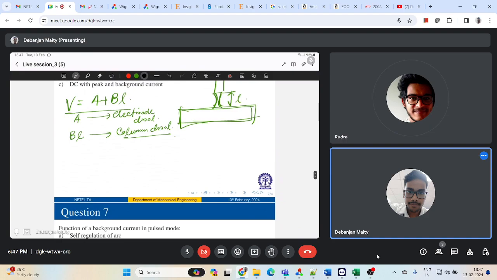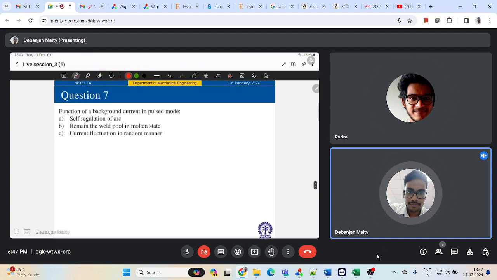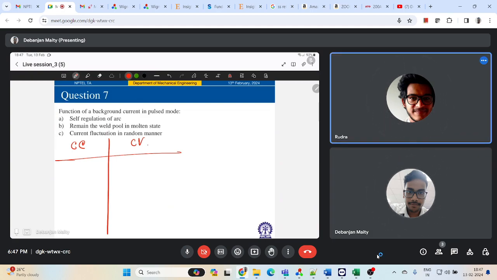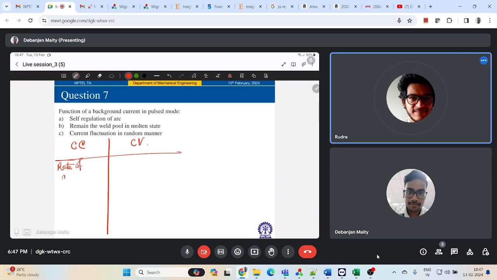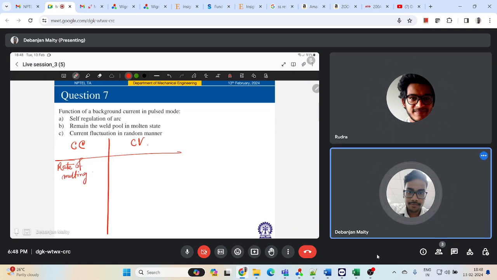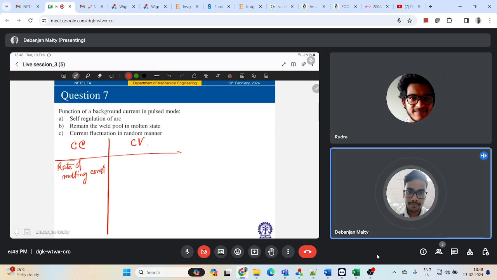Now, let's gather some information on the differences between the two kinds of power source, CC and CV. Over here, what will be the rate of melting? Over here, the rate of melting will be almost constant. I'll come to the explanation later.